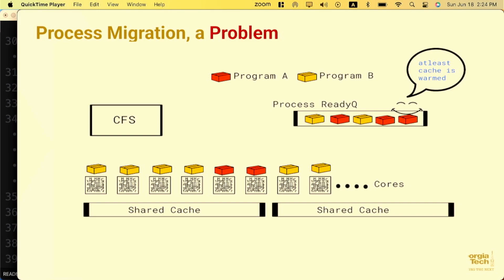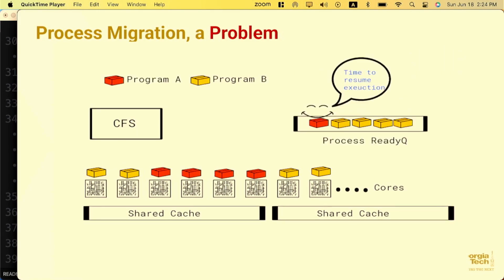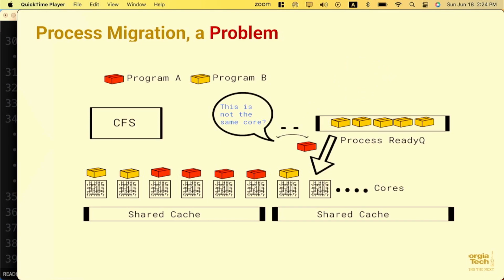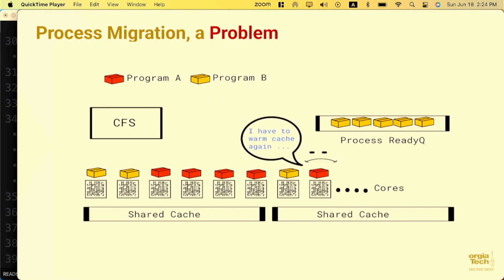It keeps doing this, and when it's time for the process to execute again, CFS might not schedule it back onto the same core on which it was executing. This means the process has lost its already warmed up cache. This problem is more severe if the process is scheduled onto a different socket, because now it has to warm up all different levels of caches.